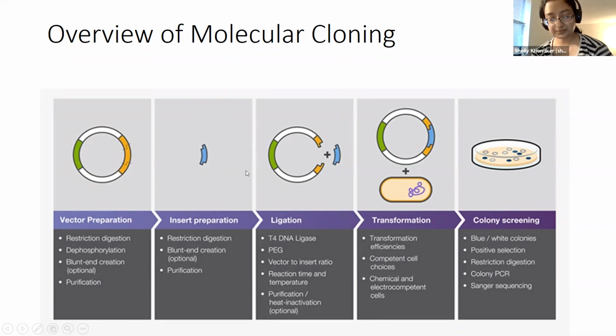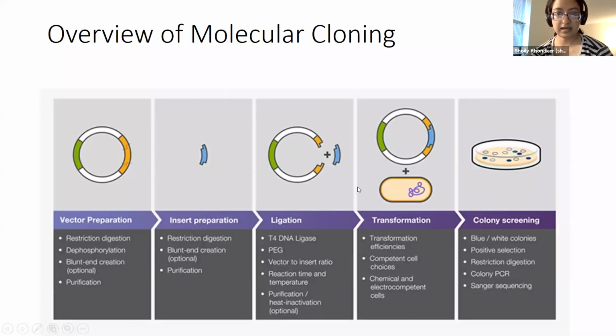Next, you would take your treated vector and your insert and undergo a ligation. This will insert your gene of interest into the vector using an enzyme called DNA ligase. Some things to keep in mind when this is done is you have to consider the vector to insert ratio.